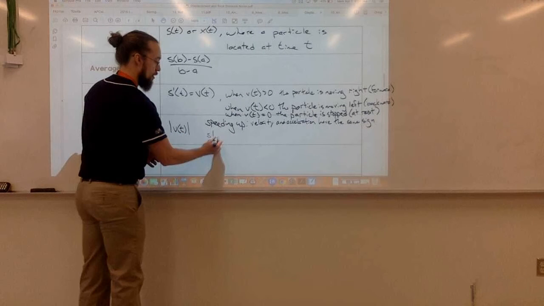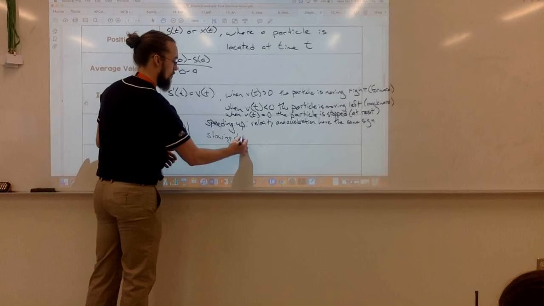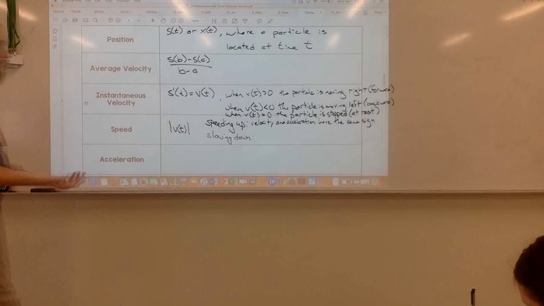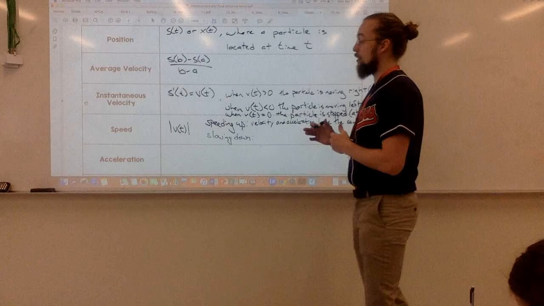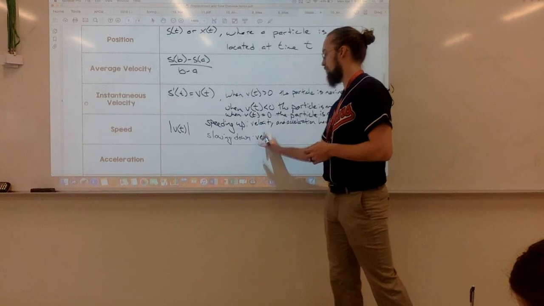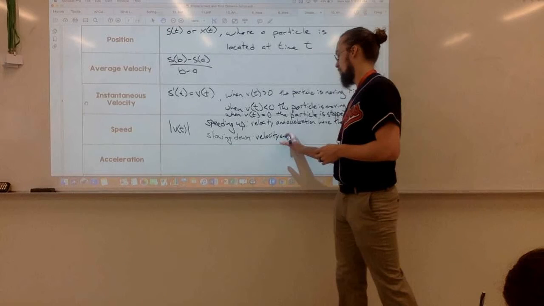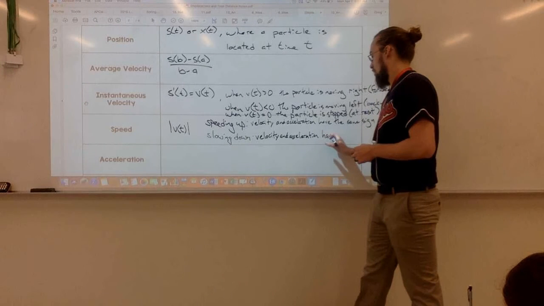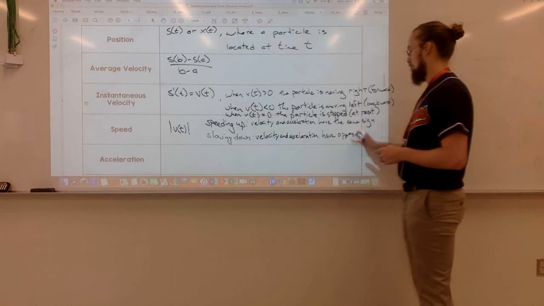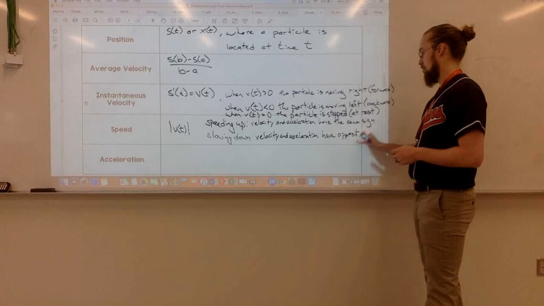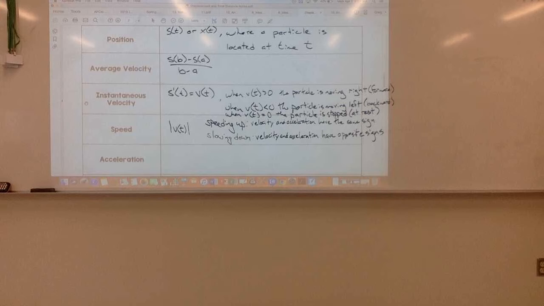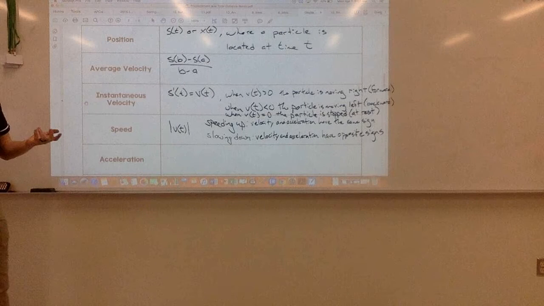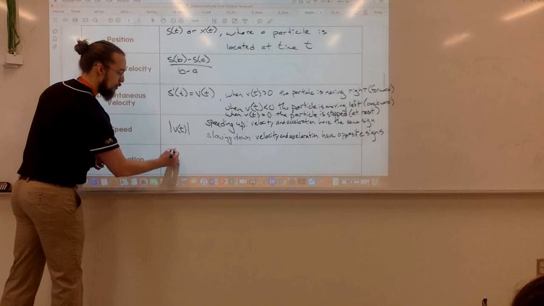A particle is slowing down when velocity and acceleration have opposite signs, or in terms of a velocity graph, when the graph is moving towards the x-axis.